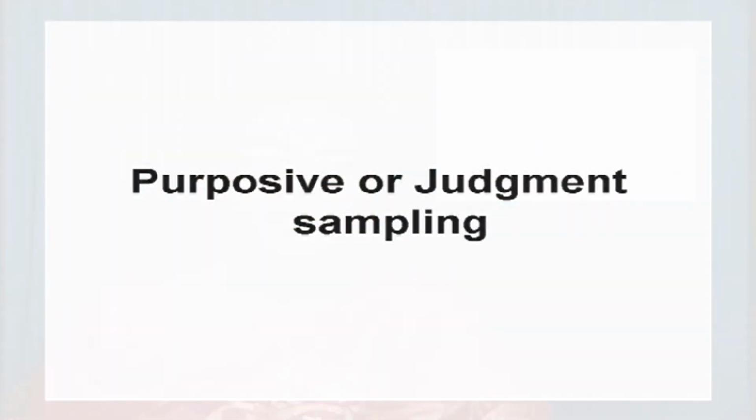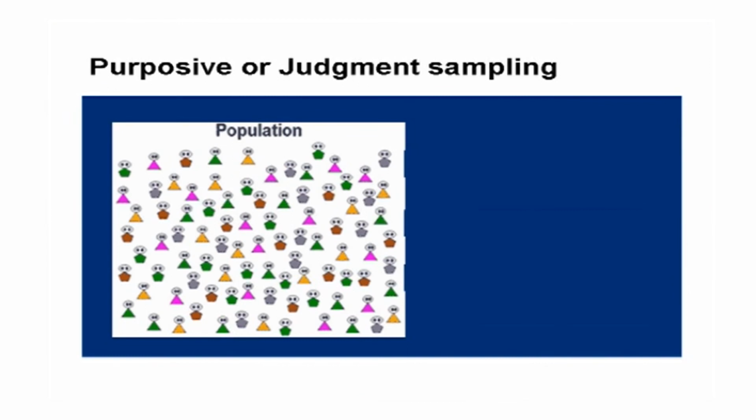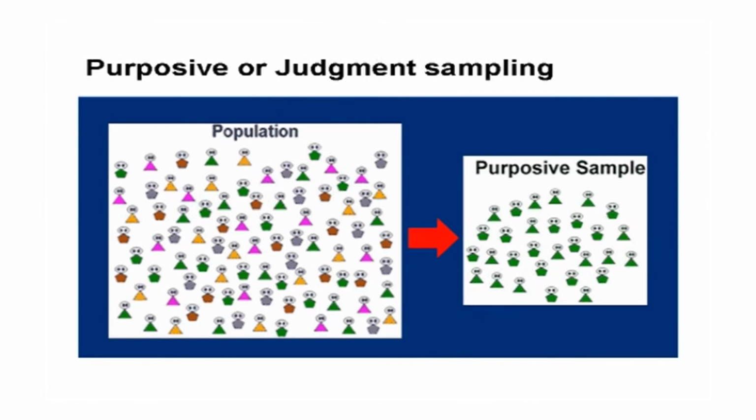The second type is purposive sampling or judgment sampling. Here, the investigator selects a few persons whom he considers to represent the whole group. The investigator uses his ability of judgment and expertise and chooses the sample. Purposive sampling is used for exploratory design.